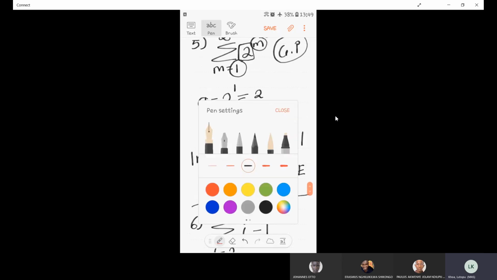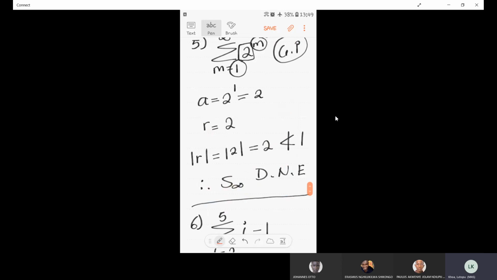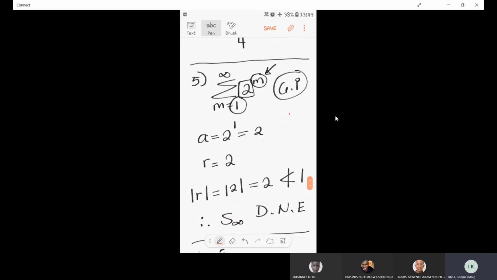Let's see. So here, you know, the formula is A over 1 minus R. I can still use the formula here, and my A, we say it is 2, and I have 1 minus 2. This gives me negative 2, isn't it? But if you look at what you have here, 2 to the power of m, the numbers in this series are 2, 4, 8, 16, and so on.